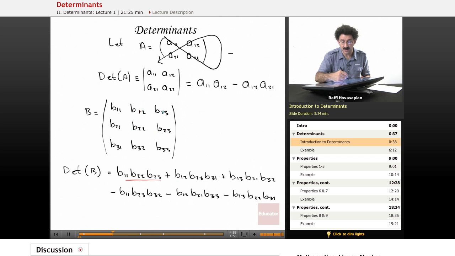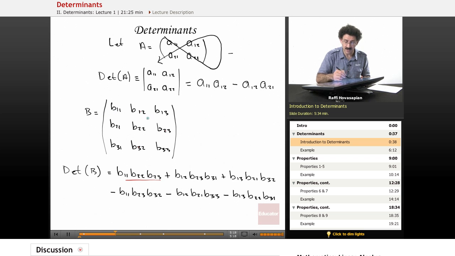Now you go to the next one. B13, there's nothing here, but you need 3 of them. So you go here and here. So it's B13, B21 times B32. That takes care of the plus part. Now let's deal with the minus part. Go back to the B11. Well, B11, now try going down to the left. Well, there's nothing here at the left, but you need 3 terms.